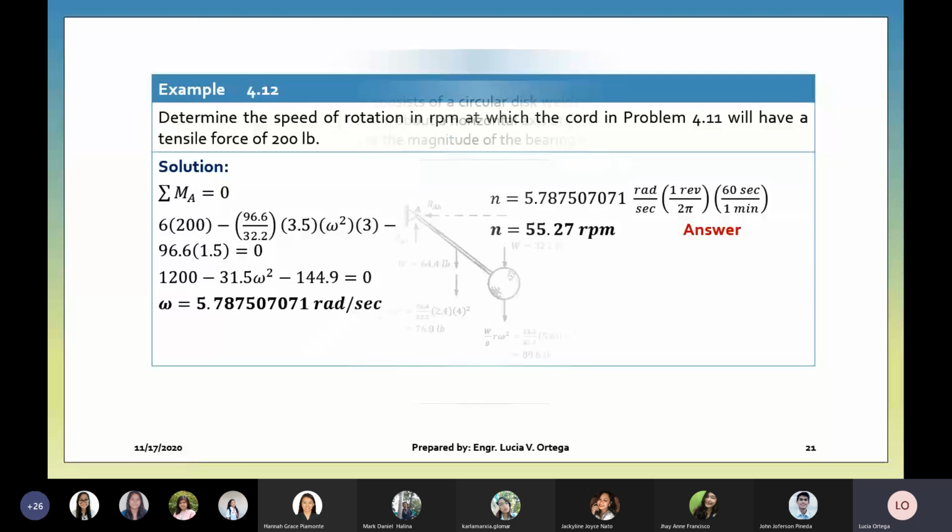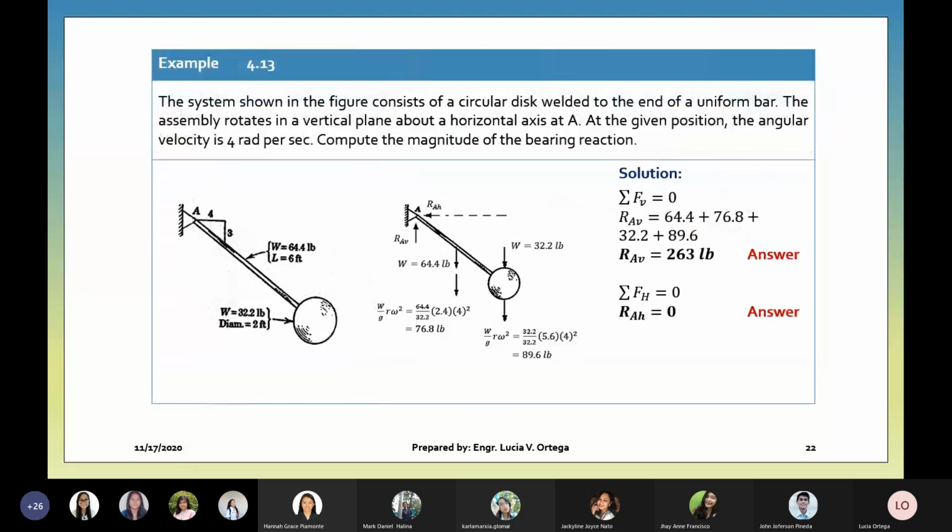Okay, I think last problem. So, the system shown in the figure consists of a circular disc welded to the end of a uniform bar. The assembly rotates in a vertical plane about the horizontal axis at A. So this is the axis of rotation that is rotating in a vertical plane.